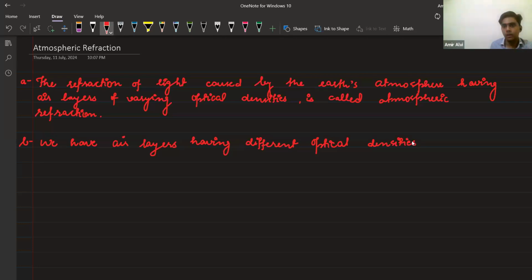Densities in the same atmosphere. So in the same atmosphere, multiple types, or varying densities, are there.